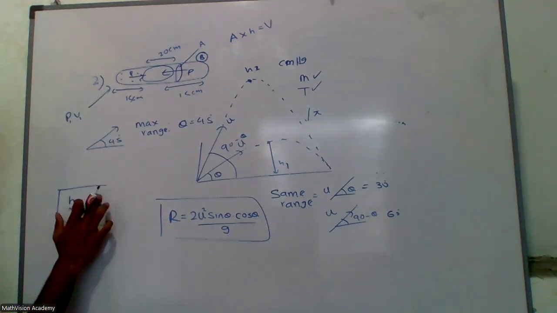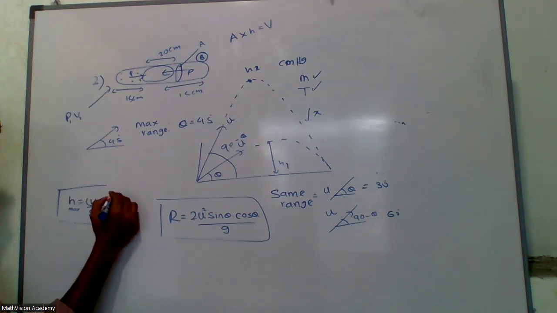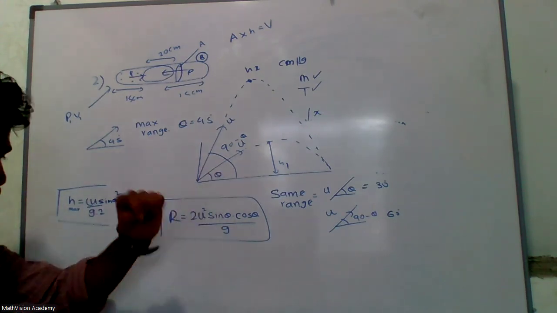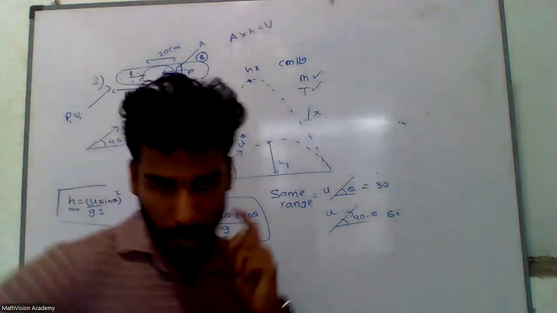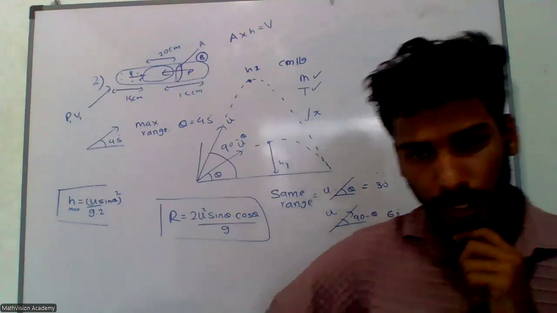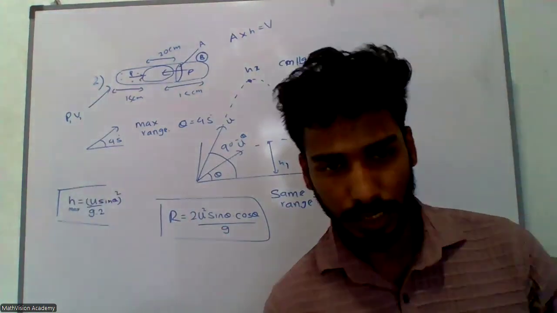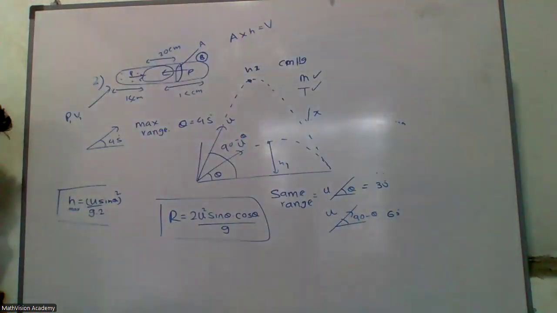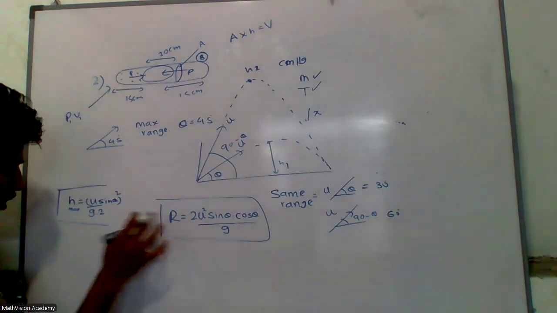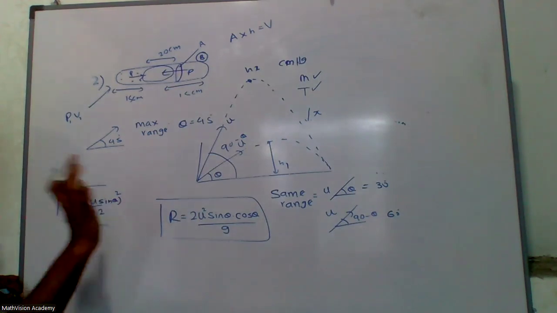Another mistake, the angle has to be present. U sin theta whole thing squared over 2g. Okay, so this has to be my equation. Now if you look at here, we want to connect R with H. Okay, so what is common in both of them is, you can see sin theta is present for H, but the cos theta part is absent.